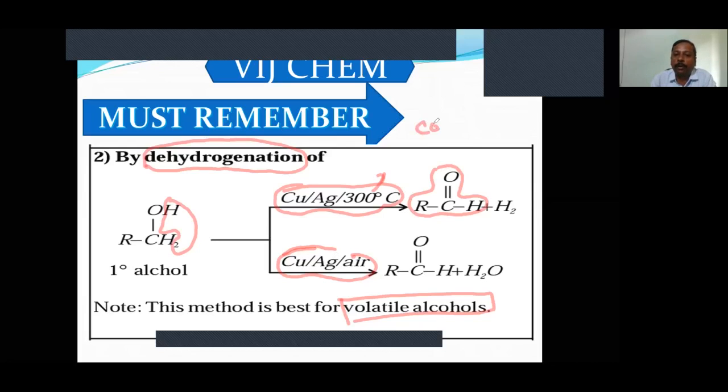If the word partial is not there, or the word complete is there, they will prepare the carboxylic acid in place of the aldehyde. Do you understand the importance of each and every wording? Here 300 degrees Celsius is very important. This is going to be an integer type question one fine day.